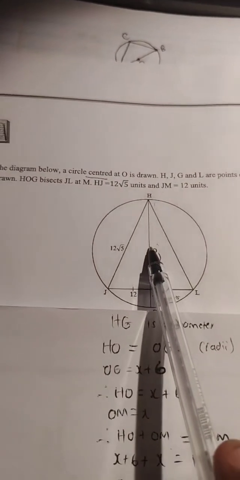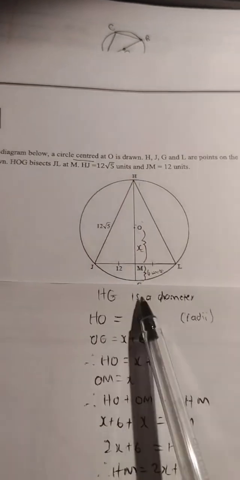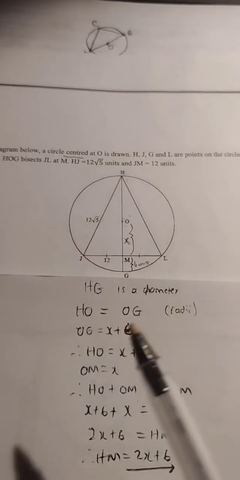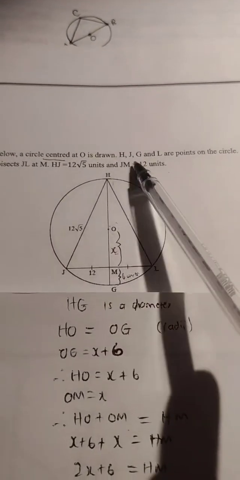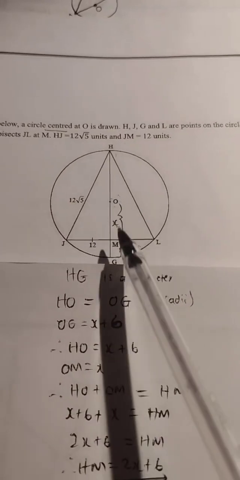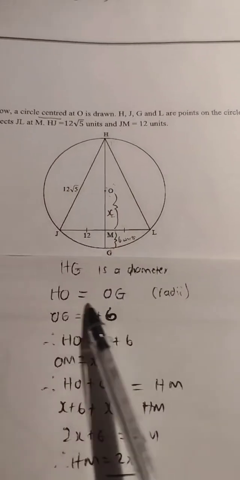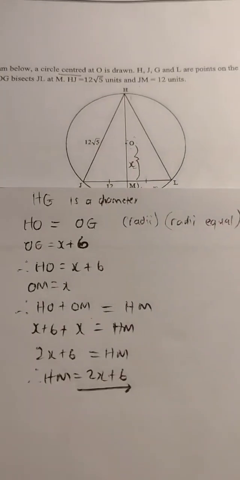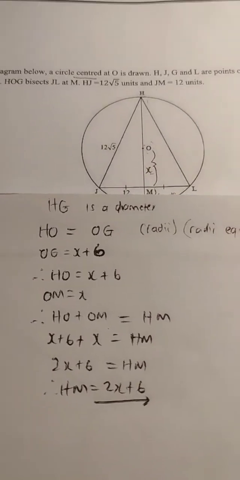Now, if this is a center, then H all the way to G is a diameter. Furthermore, HO we said is equal to OG. Why is that so? It's because radii are equal. That's why HO is equal to OG.